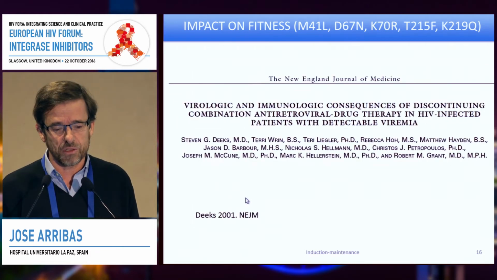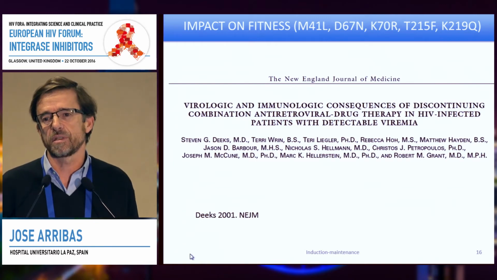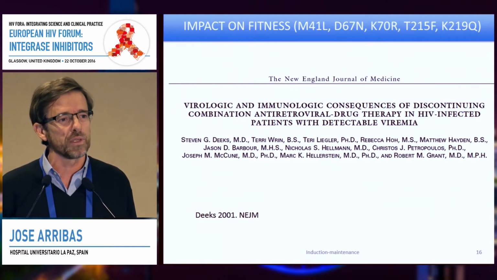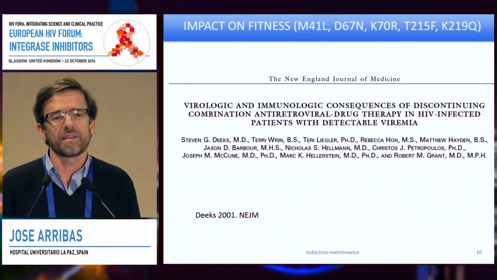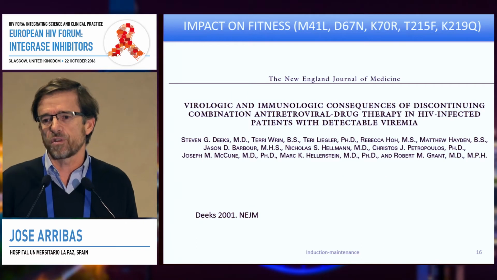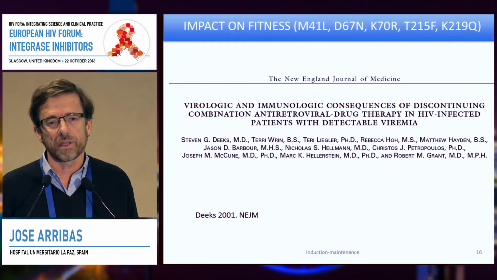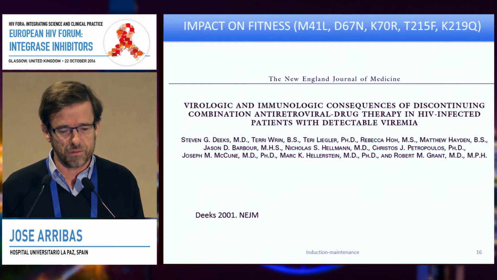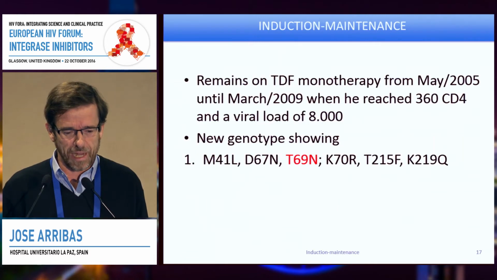But it was also the time when Steve Dix did these studies of discontinuing therapies in patients who have mutations. So I wanted to maintain, this can be criticized, but I wanted to maintain the mutations. And I kept TDF ongoing just to maintain the mutations and try to buy some time for better drugs than we had.